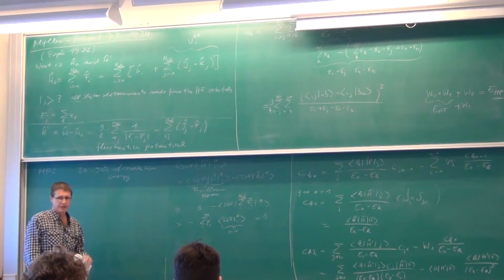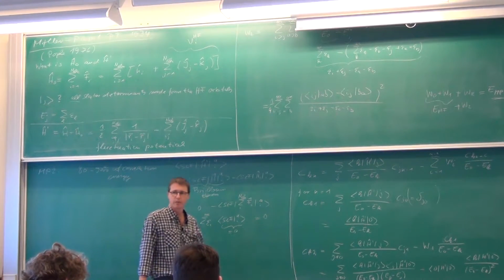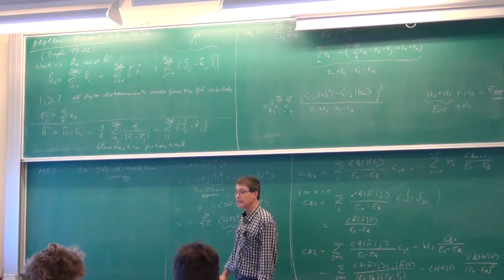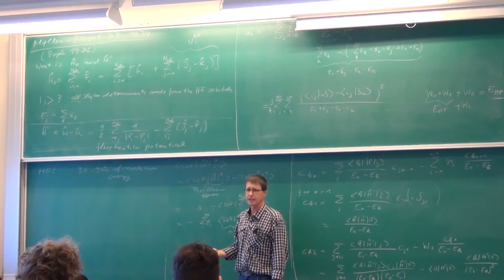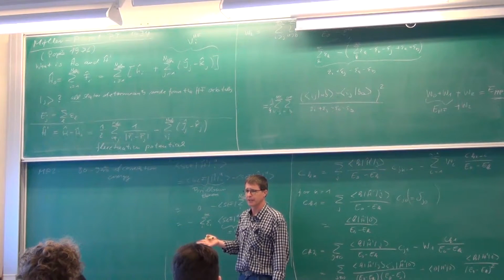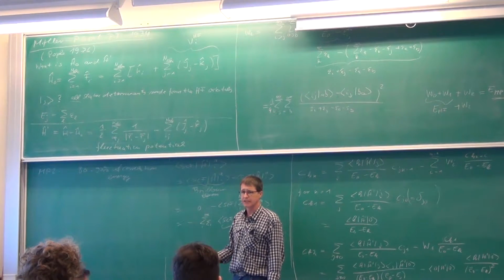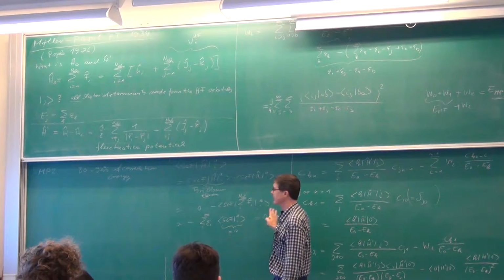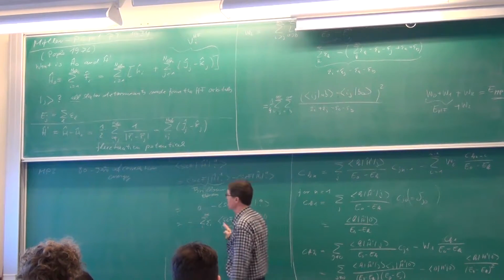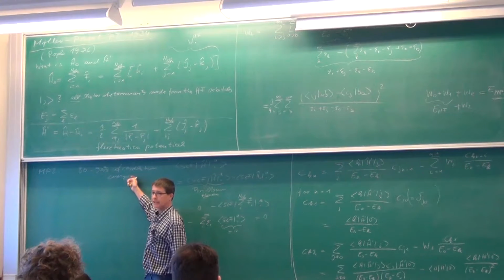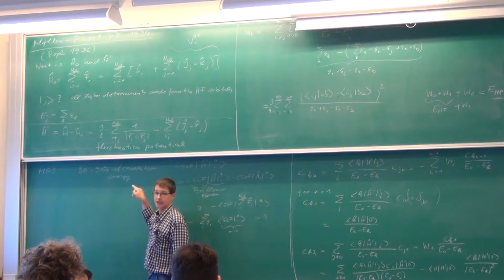All the Møller-Plesset methods, MP2, 3, 4, whatever, they are not variational. We didn't optimize the wave function by going for the lowest energy. We used this projection technique in order to get the wave function coefficients. So this is not a variational method, which means you certainly can come below the exact energy.